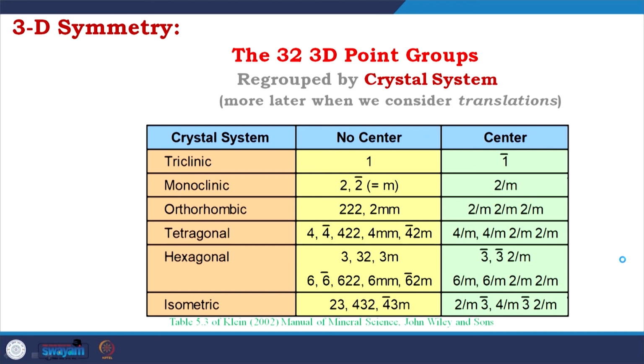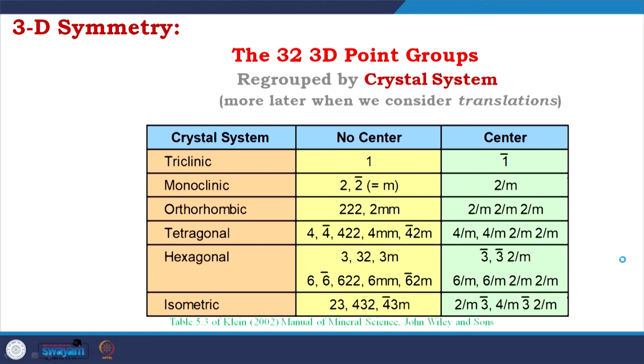For triclinic, no center, it is 1, with center it is 1 bar. Monoclinic 2, m and 2/m. Orthorhombic 222, 2mm, with center 2/m 2/m 2/m. Tetragonal 4, 4 bar, 4mm, 4 bar 2m, with center 4/m, 4/m 2/m 2/m.